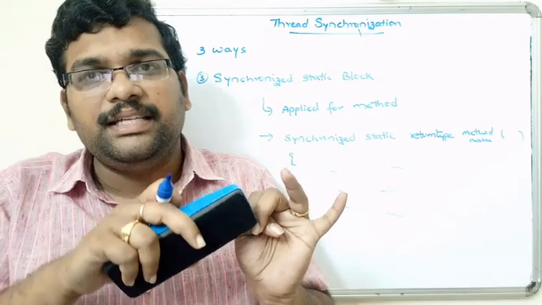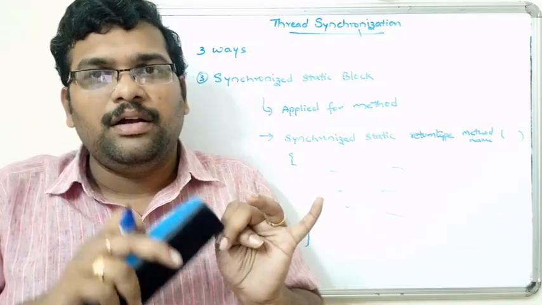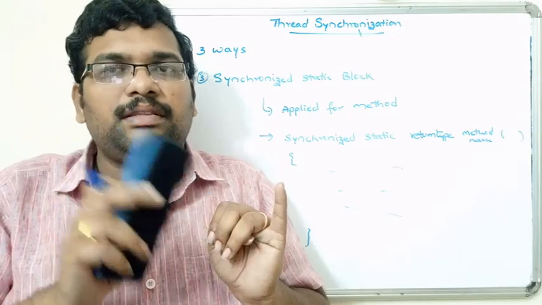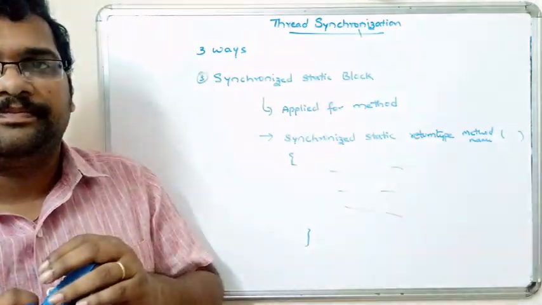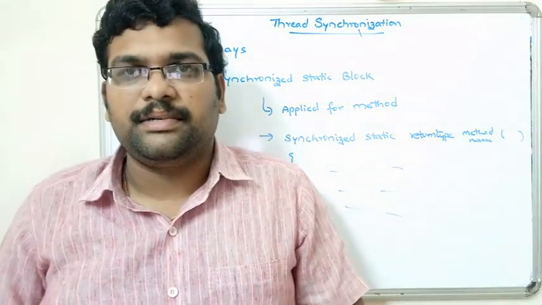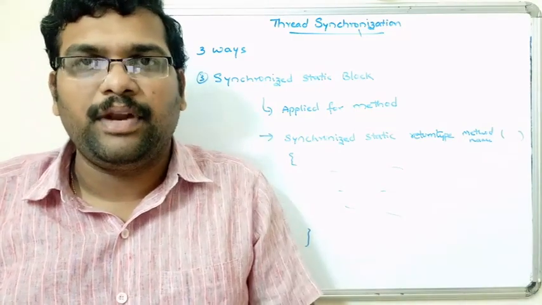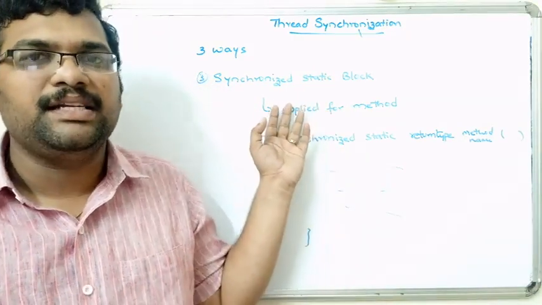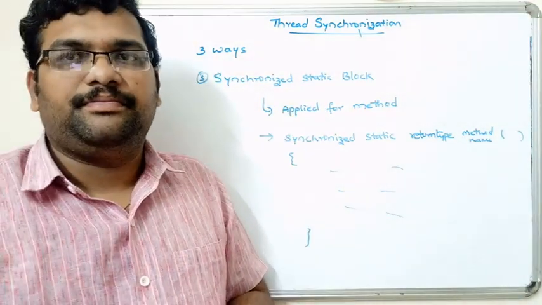Next, thread synchronization using synchronized block. Third one, thread synchronization using synchronized static block. So we will see all these implementations in the system. I will show you the execution of the program. So how we have to write the program for implementing this synchronization concept, right? So let us see that.